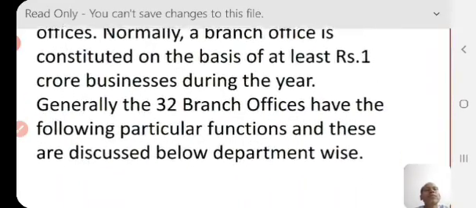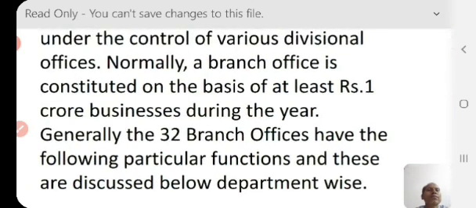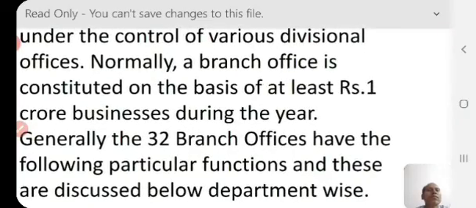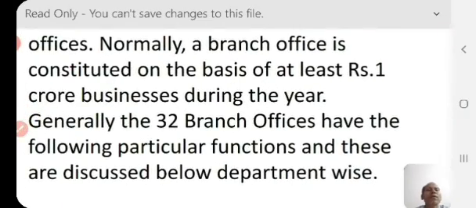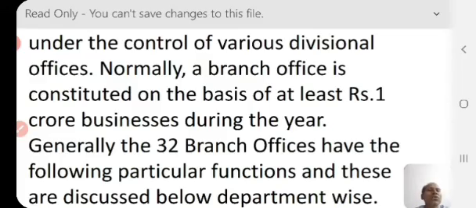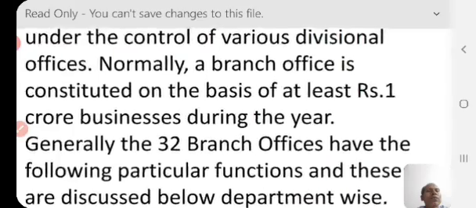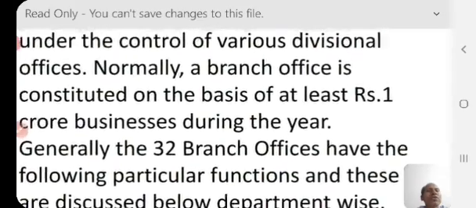Generally, the 32 major branch offices in India perform some functions equivalent to divisional offices.